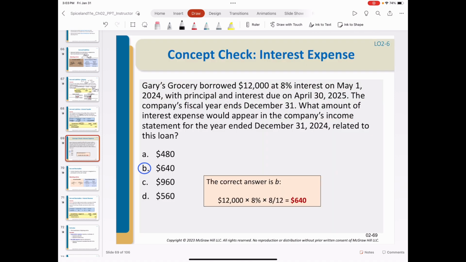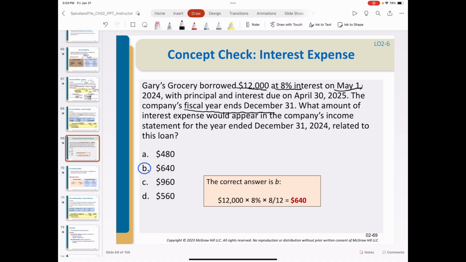Let's try this multiple choice question. The grocery company borrowed $12,000 at an interest rate of 8%, which is an annual interest rate, on May 1st, 2024. And the loan is due next year. It's a 1-year note.